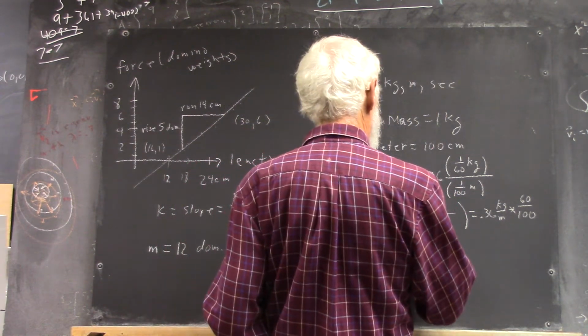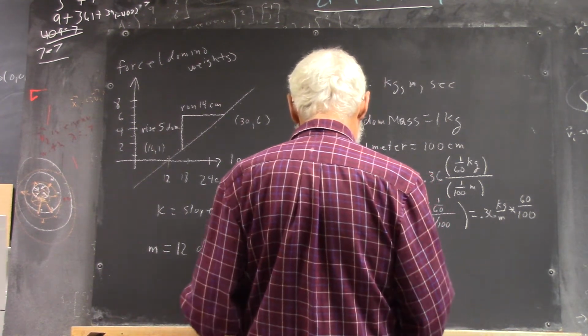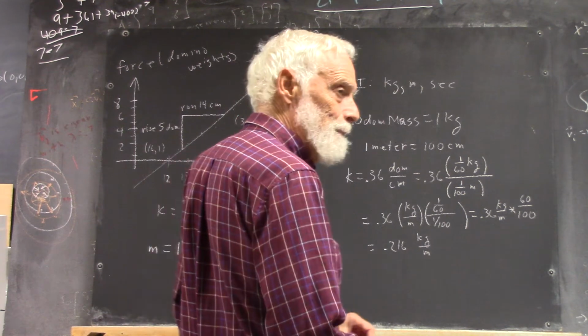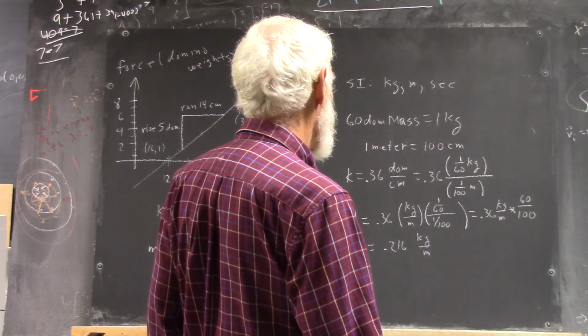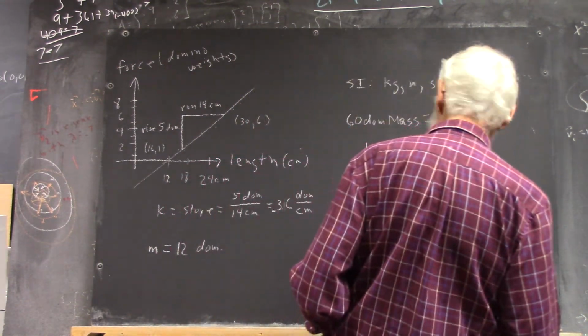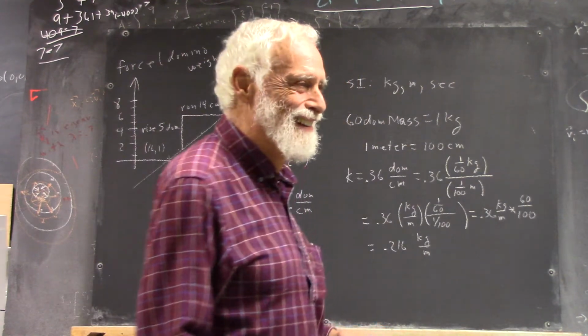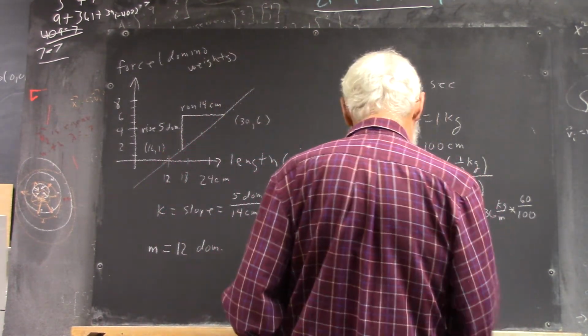But anyhow, we get 0.216 kilograms per meter. Now let's fix it because it's pretty easy to fix. Isn't it also 100 over 60, not 60 over 100? Yeah. Okay? So I wrote that down carelessly.